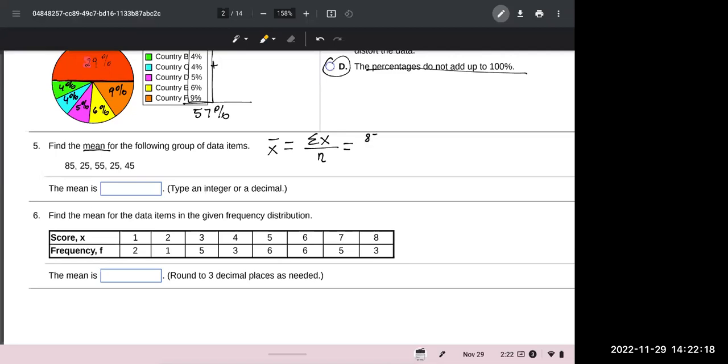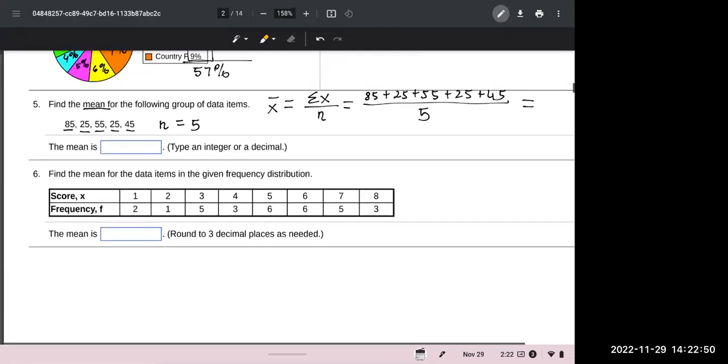So we have 85 plus 25 plus 55 plus 25 plus 45. And n tells you how many numbers we have: 1, 2, 3, 4, 5. So n is equal to 5. So I'm adding all the values and I will divide by 5 because we have 5 numbers. That's how you calculate the mean, and of course you will continue and simplify that.